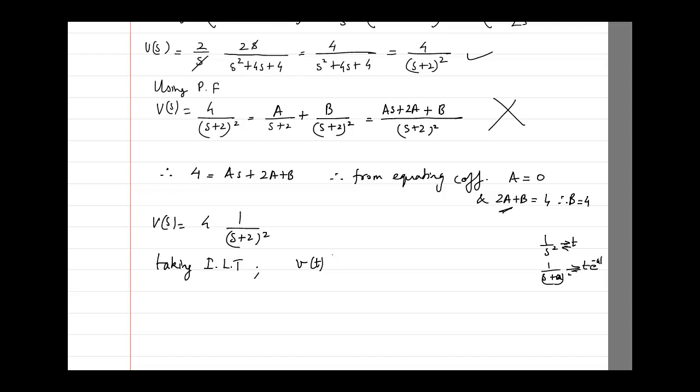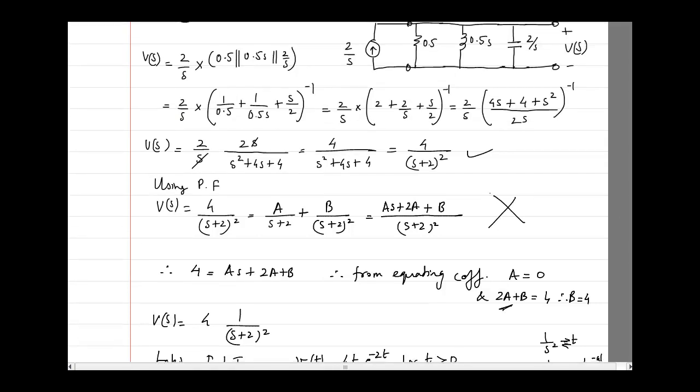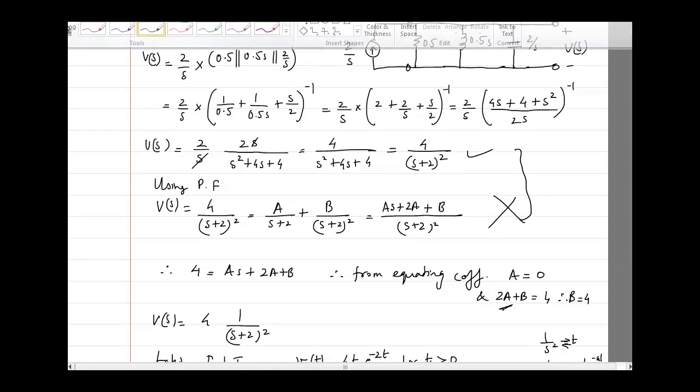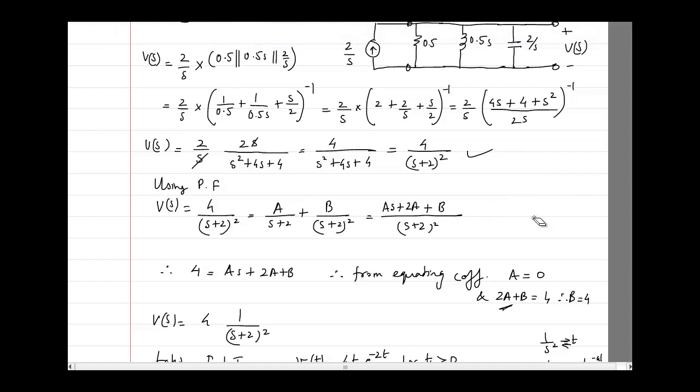So here I will get 4 t e raised to power minus 2t for t greater than 0. So this is going to be the answer. There is no need for you to do the partial fraction. You can avoid it and go directly from here to this point.